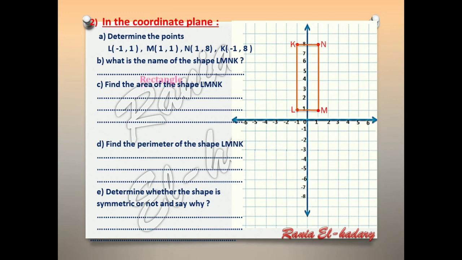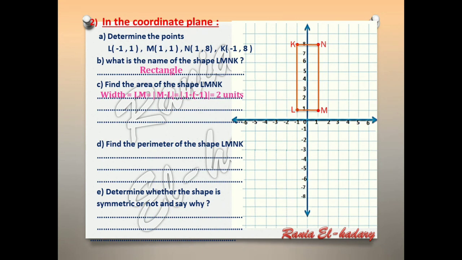What is the name of the shape LMNK? Yes, rectangle. Find the area of the shape. What is the area of a rectangle? Yes, the area of a rectangle is length times width. Which is the length and which is the width? The width is LM because it's the smallest. LM equals 2 units.